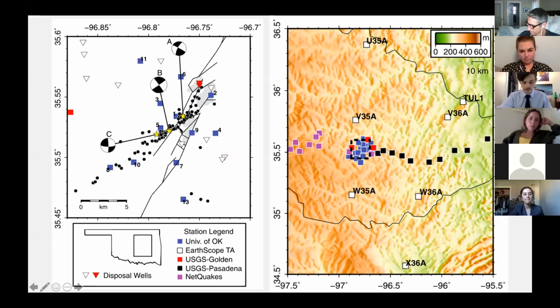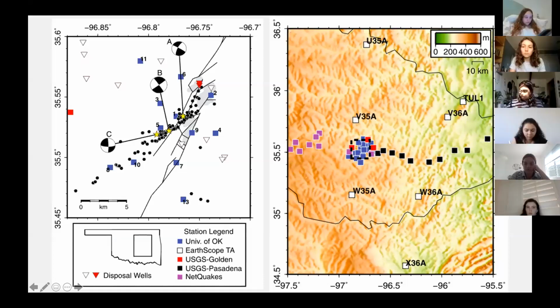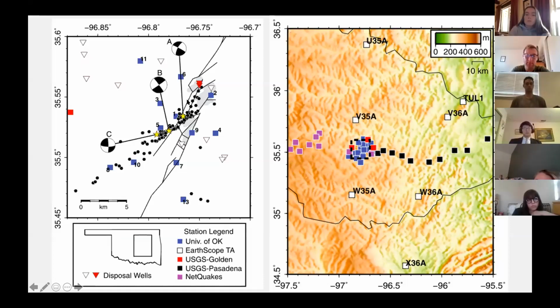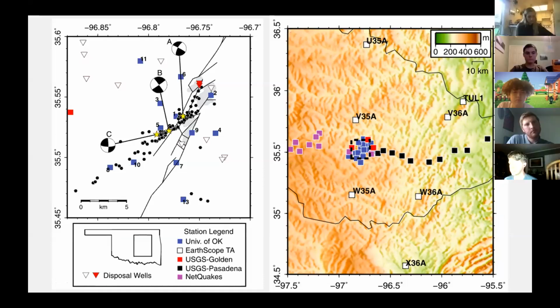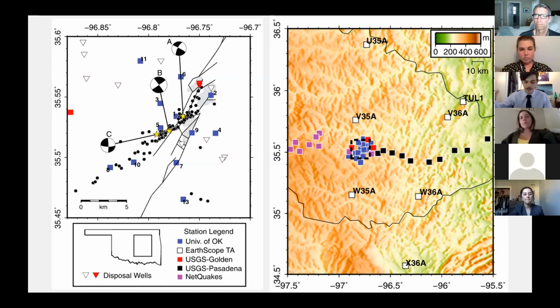They were able to record 110 different earthquakes, which are labeled with black dots, and these were the most clear. They have clear P wave arrivals and SP ratios. If you've ever seen a seismometer, it has a lot of movement, and clear P wave arrivals don't have too much shaking in them, so it was clear to them to be able to get data from it.